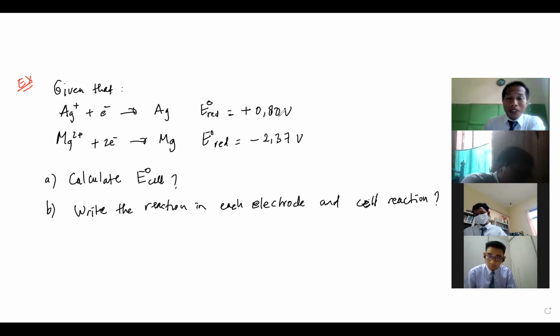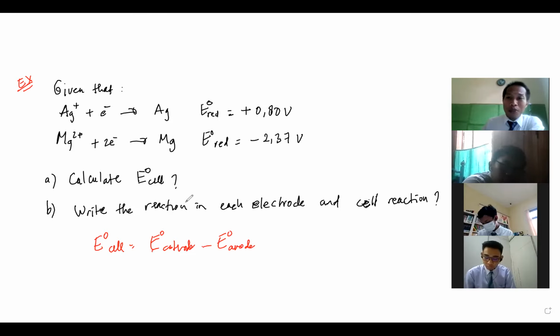So to find E0 cell, if we are using the formula, E0 cell is equal to E0 cathode minus E0 anode. Now we have to choose which one is cathode. Cathode must be the bigger one. So here is cathode because it's bigger than the other, and this is anode.